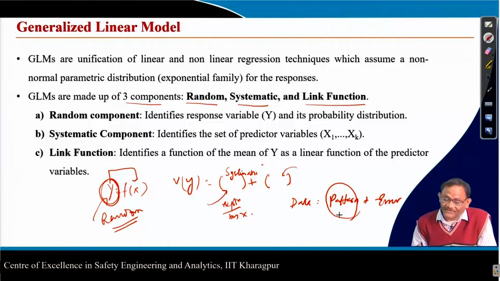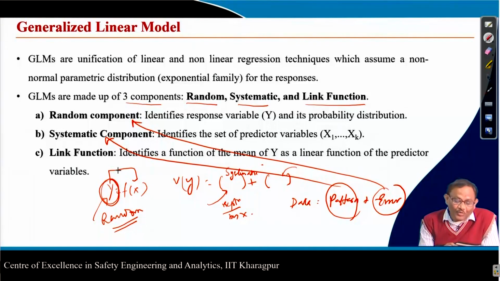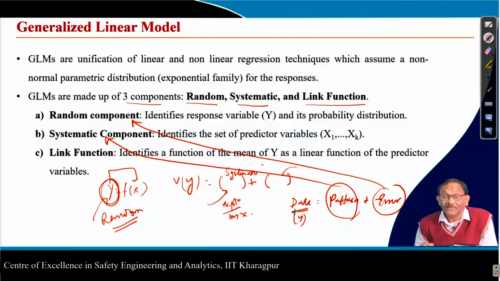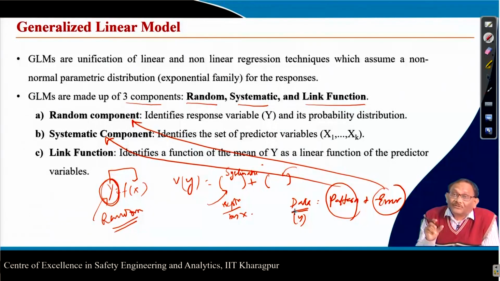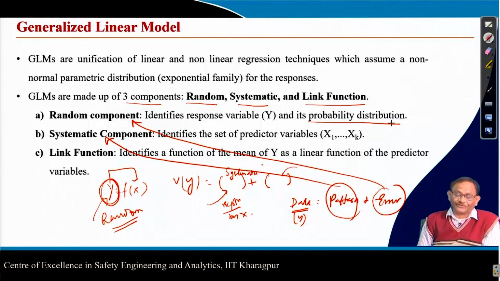This pattern is the systematic component and error is the random component, and y is the data in our case, in the sense we are interested to understand the behavior of y. X is also data, but here x is used to understand y. So y has pattern plus error, and as a result y has its own distribution also.